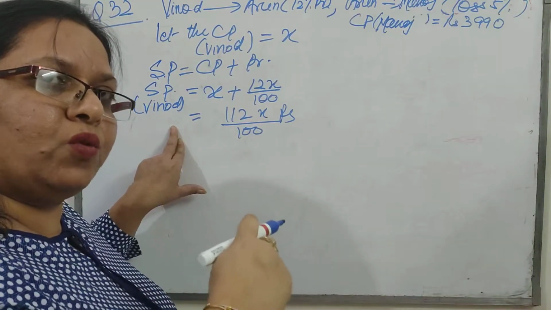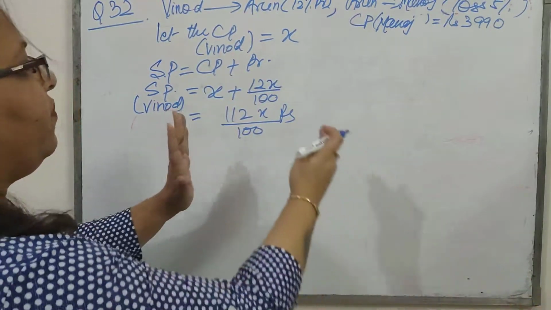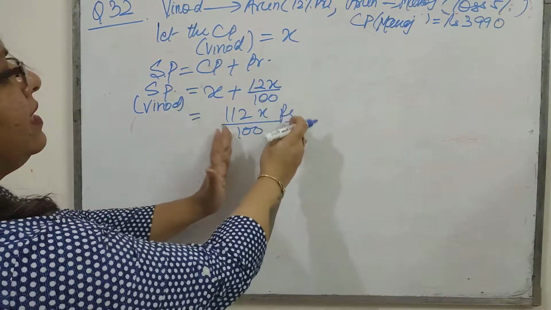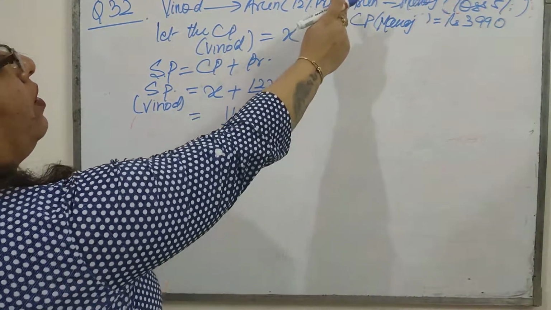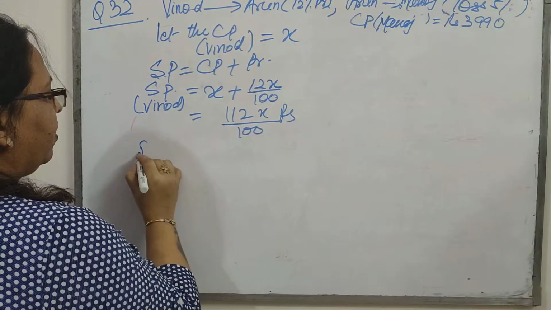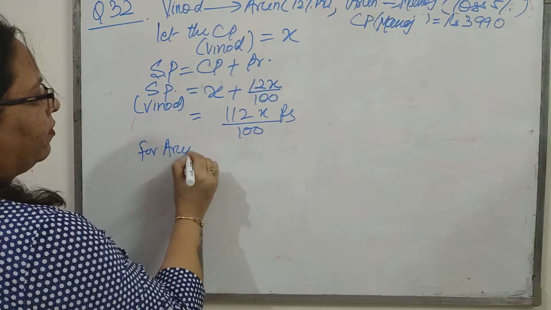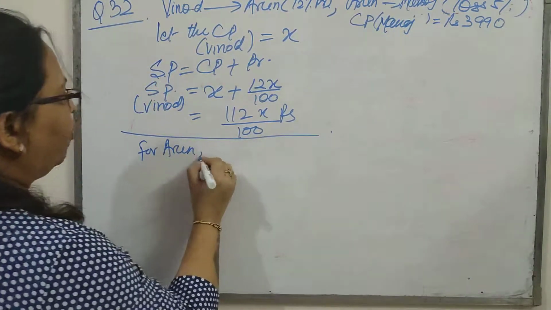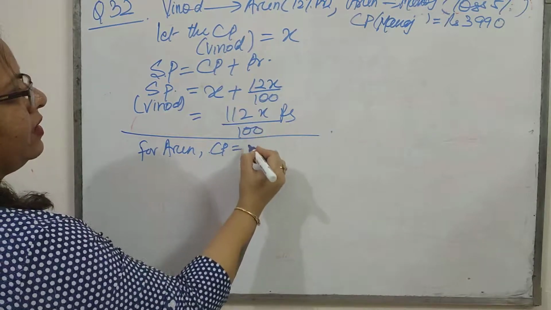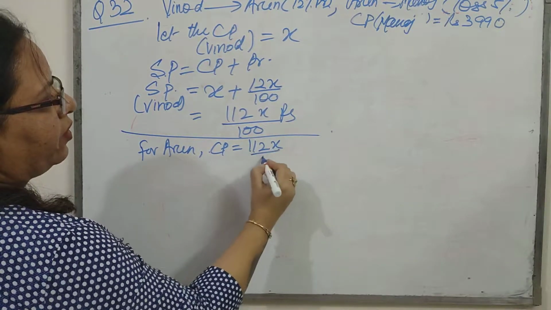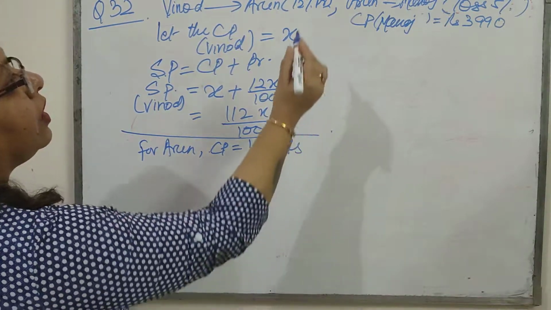Now Vinod has sold it to Arun. So if this is the SP of Vinod, this same value is the CP for Arun. Now for Arun, CP is how much? This much, 112x by 100 rupees. There was a loss.